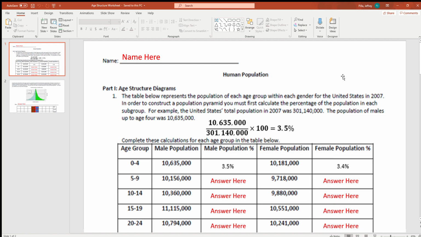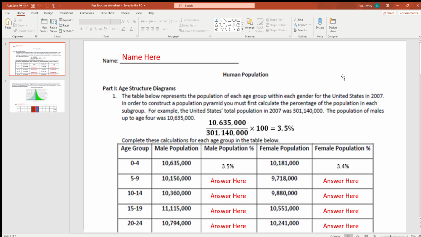So in this case, our age group of males up to the age of 4 was 10,635,000. We're going to put that at the top of our fraction. On the bottom of our fraction, we're going to put the total population, which was 301,140,000. So you divide those two numbers, and then you multiply your result by 100. And in this case, you should wind up with 3.5%.